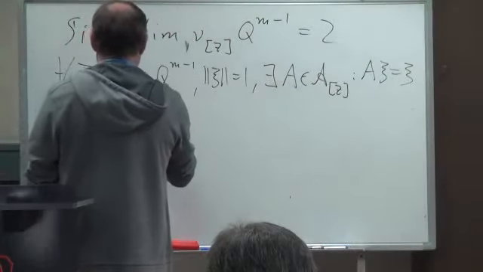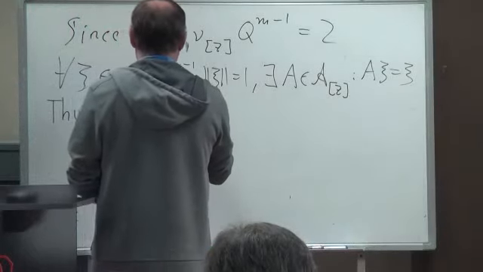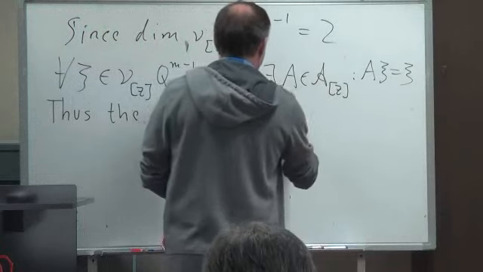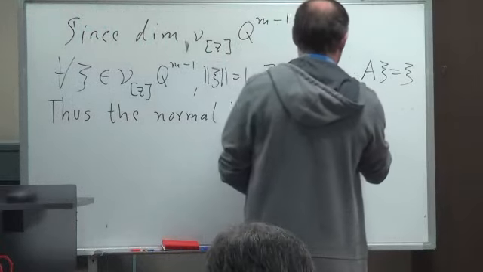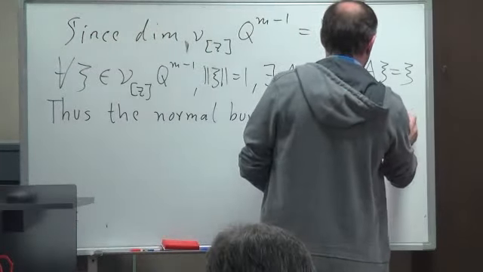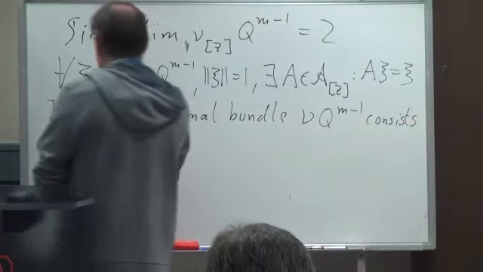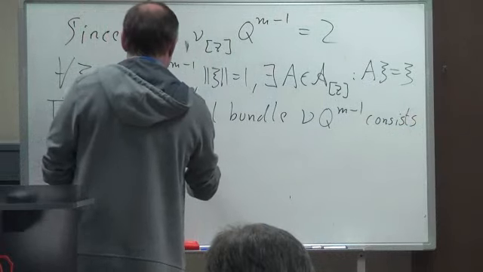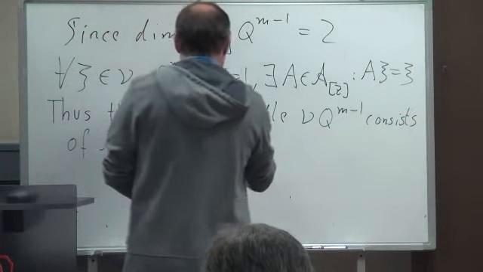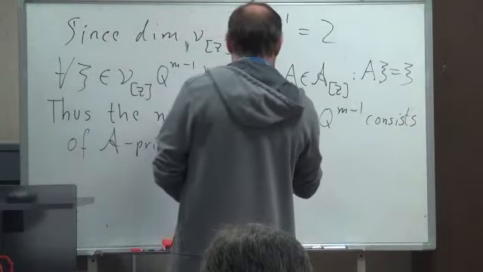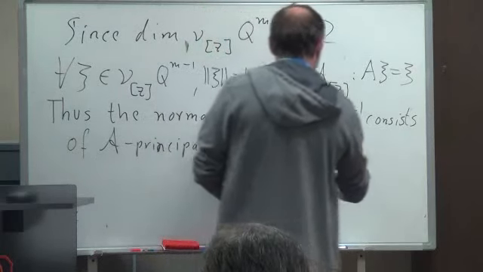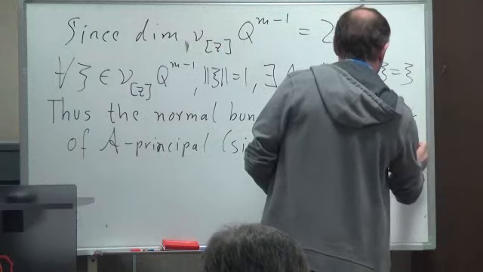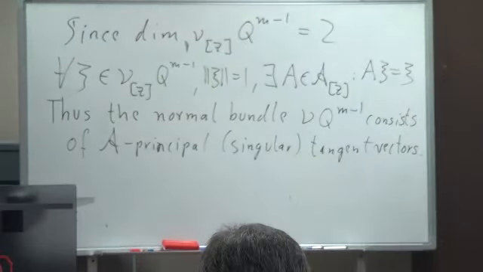So thus, the normal bundle of the quadric consists of A-principal, so these are the singular tangent vectors.